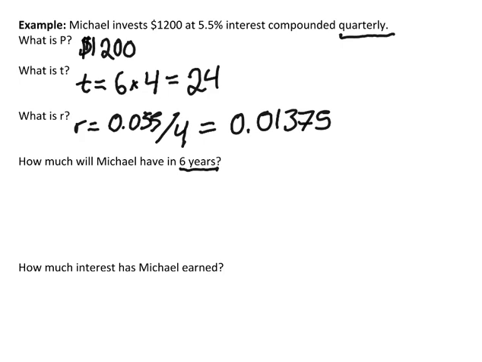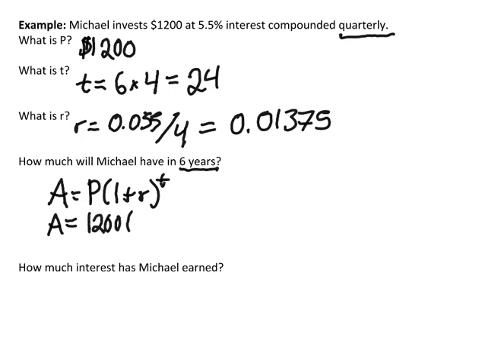All right, we want to know how much does Michael have in 6 years. So that's an A value. I'm looking for the amount in 6 years. And I know my formula is this, P times 1 plus R to the T. So you can actually just plug everything in now. So P is 1,200. R is 0.01375. And T is 24.